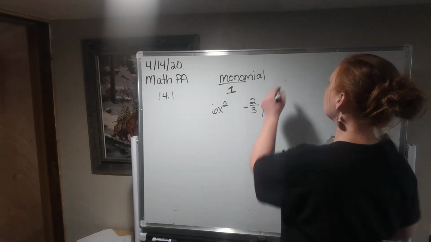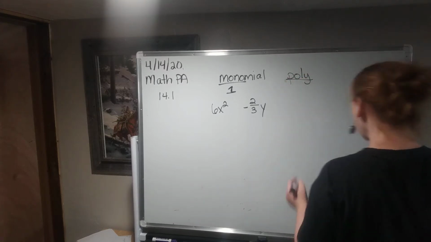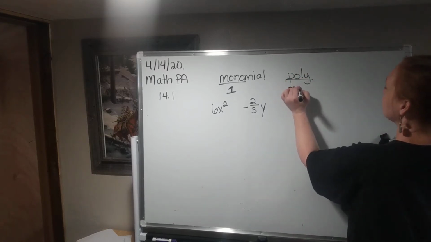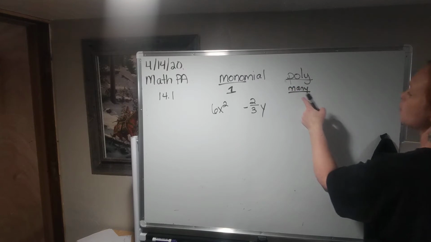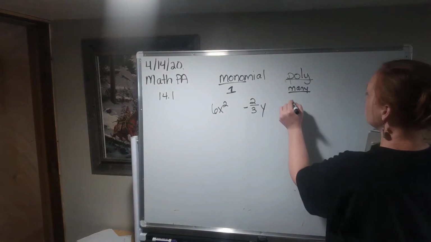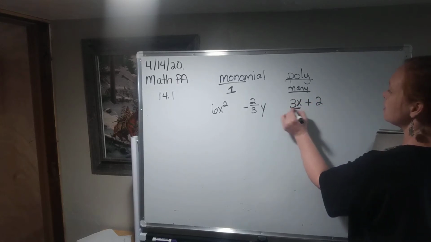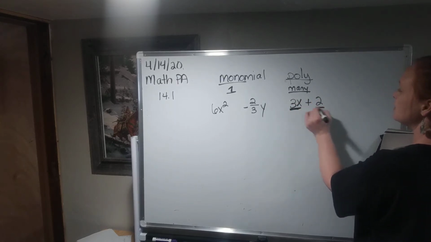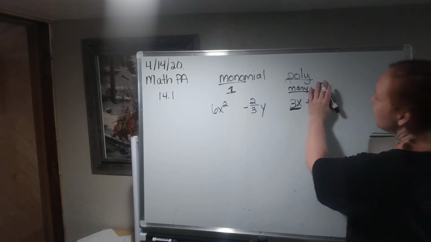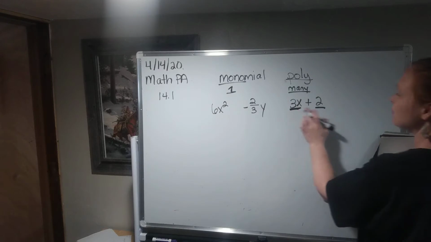Now, if you'll remember, poly, like in polygon, poly means many, okay? So this is going to be more than one. So when we do a polynomial, we could have two terms. We could have 3x plus 2. Now notice that this is a term and this is a term. So if this was by itself, it would be a monomial. This would be a monomial, but we have two.